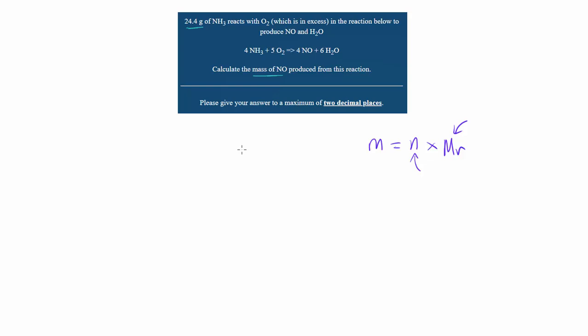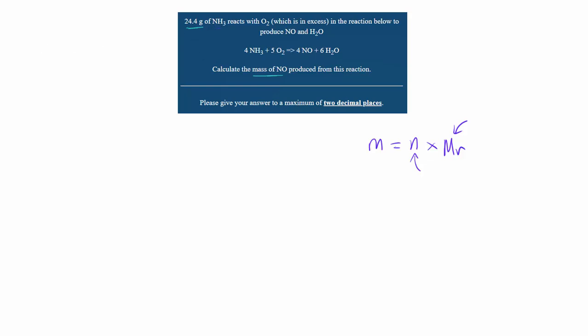So for the number of moles, in terms of the amount of substance, it's not necessarily easy to work out directly. But what we can do is work out the amount of substance, the number of moles, for the NH3.